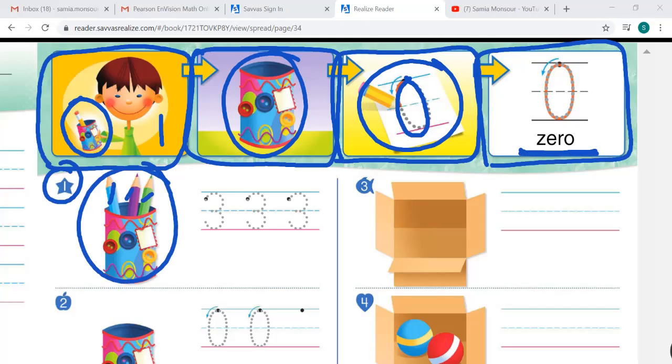So what number are we going to use to represent 3 pencils? The number 3, correct. So we start at the dot and we trace the number 3. Good job.